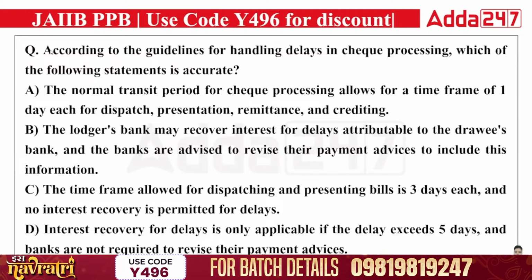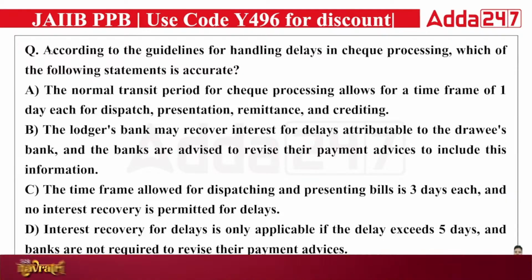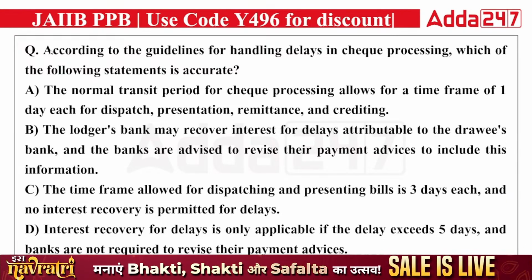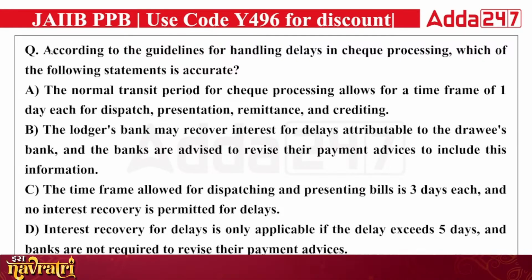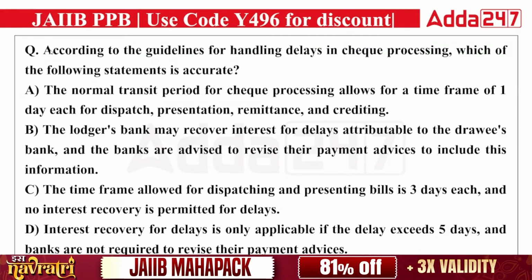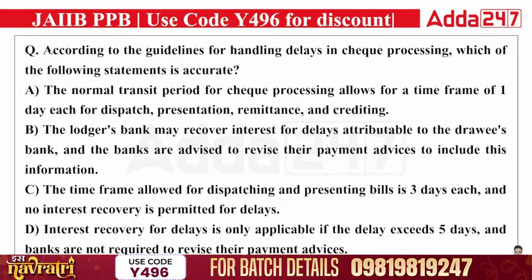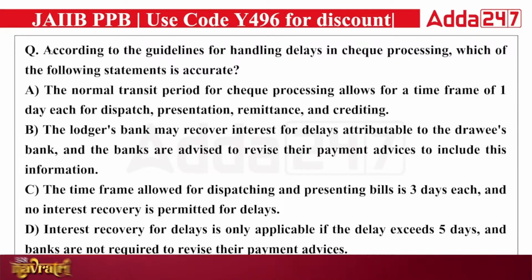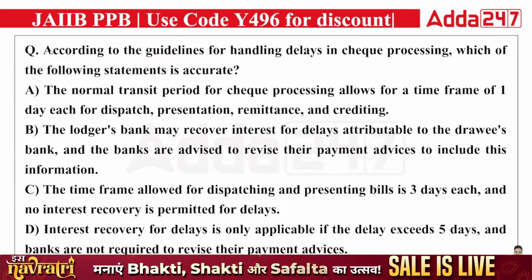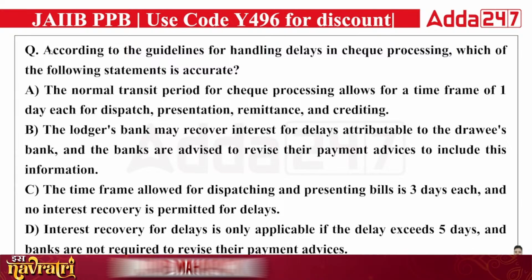Third is saying the time frame allowed for dispatching and presenting bills is 3 days each and no interest recovery is permitted for delay. Fourth is saying interest recovery for delay is only applicable if delay exceeds 5 days and banks are not required to revise their payment advice. So which of the following is correct here? A, B, C or D?